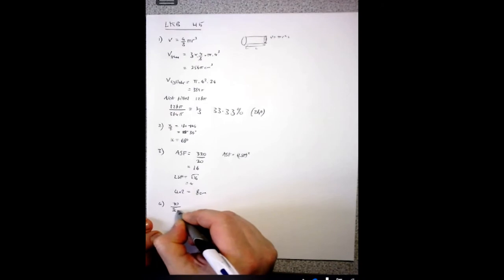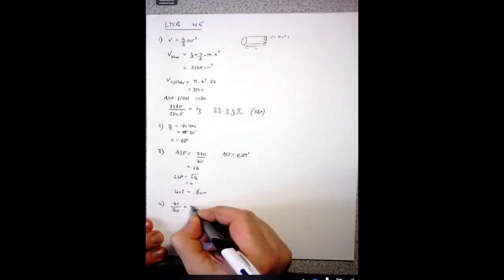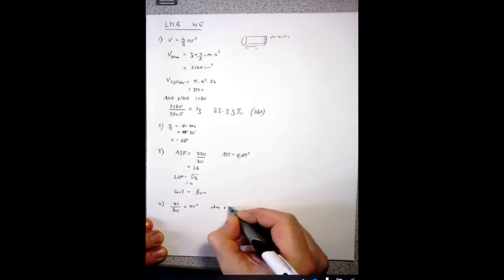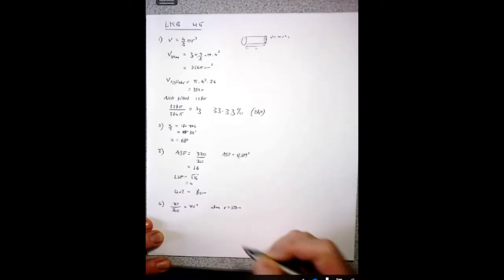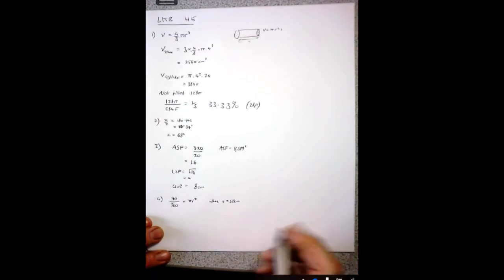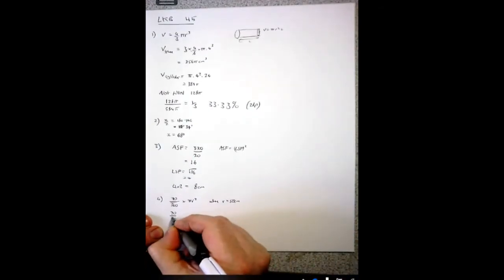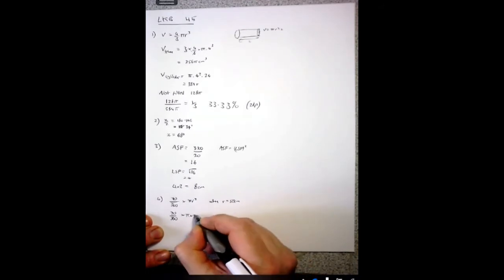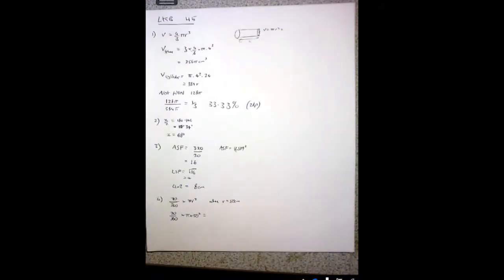I'm not going to bother simplifying the fraction because I'm using my calculator. And the question wants it to 2 decimal places, so 1527.16. I worked in centimetres, so it's going to be centimetres squared because it's an area.